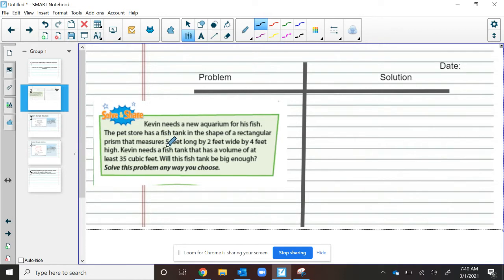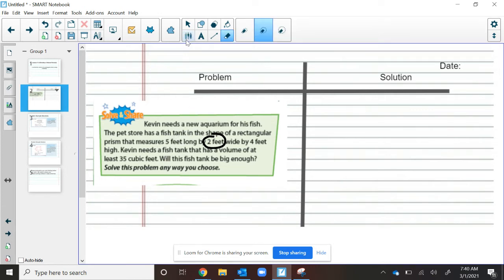So we know that this rectangular prism is 5 feet long, 2 feet wide, and 4 feet high. Kevin also needs a fish tank that has a volume of at least 35 cubic feet. So he found this fish tank, and we need to see, is it going to be at least 35 cubic feet?